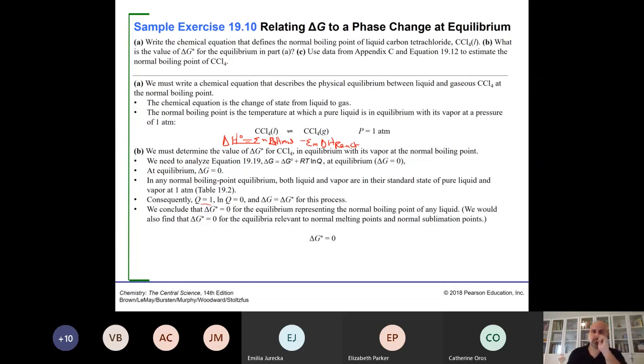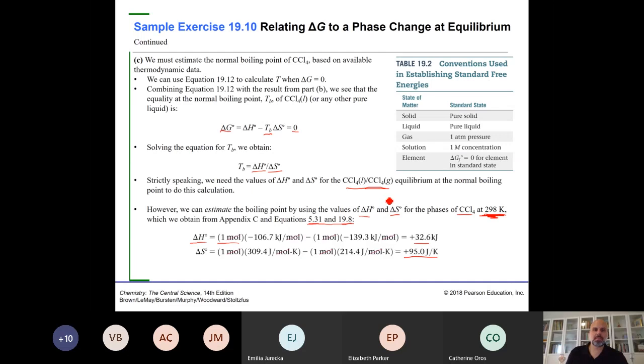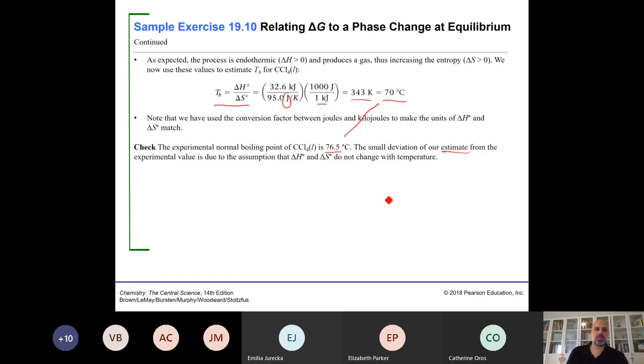When we were talking about making the assumption that delta G is equal to 0, this assumption takes into account the fact that the temperature is dependent on the delta H and the delta S.